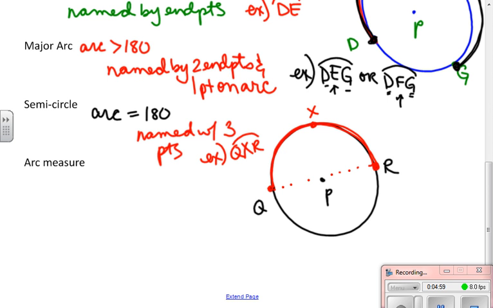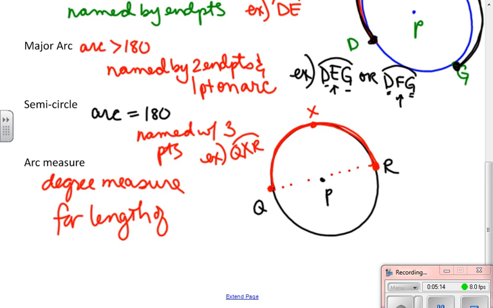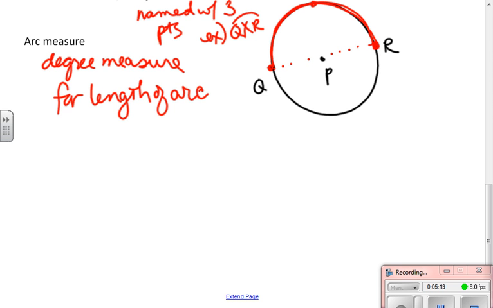Arc measure is a degree measure for the length of the arc. Now, we talk about different units when we talk about length: feet, meters, miles, inches. Arc measure is a degree measure, so we talk about an arc being a certain number of degrees. Later, we'll talk about arc length, which has a different unit of measure.